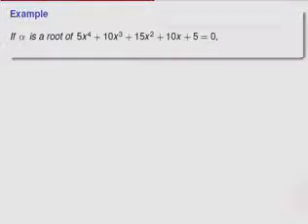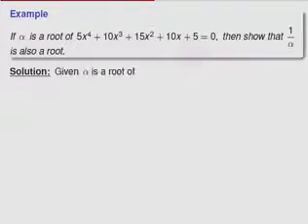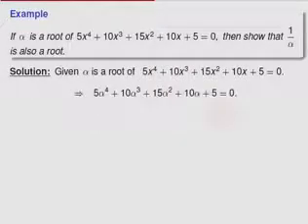If alpha is the root of the given equation, then we can show that 1 by alpha is also a root of the given equation. Solution: the given equation is 5x to the power of 4 plus 10x cube plus 15x square plus 10x plus 5 is equal to 0, which implies when I replace x by alpha, that is 5 alpha to the power of 4 plus 10 alpha to the power of 3 plus 15 alpha to the power of 2 plus 10 alpha plus 5 is equal to 0.